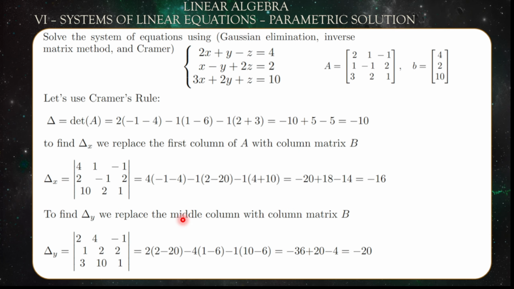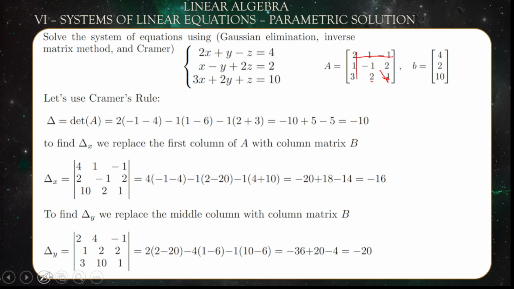First of all, the determinant of A, or delta, is equal to 2 multiplied by minus 1 minus 4. Okay, 2 multiplied by minus 1 minus 2 times 2, which is minus 4.